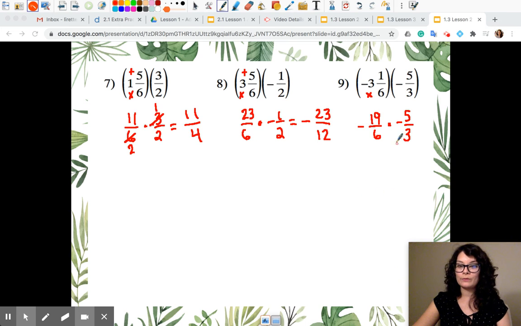Can't reduce with either of those, so I'll just multiply across the tops. A negative times a negative gives me a positive. 19 times 5 gives me 95. 6 times 3 gives me 18. And again, I know this is fully reduced because nothing reduced beforehand, and your calculator again might be giving you a mixed number here. Either is acceptable.